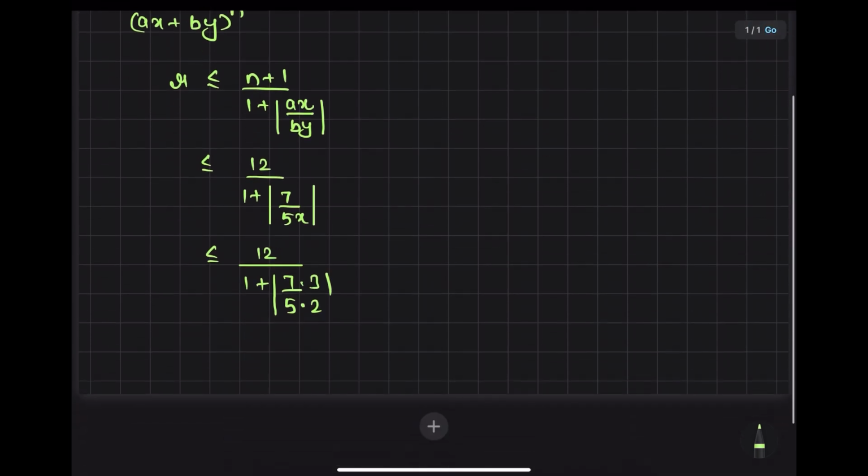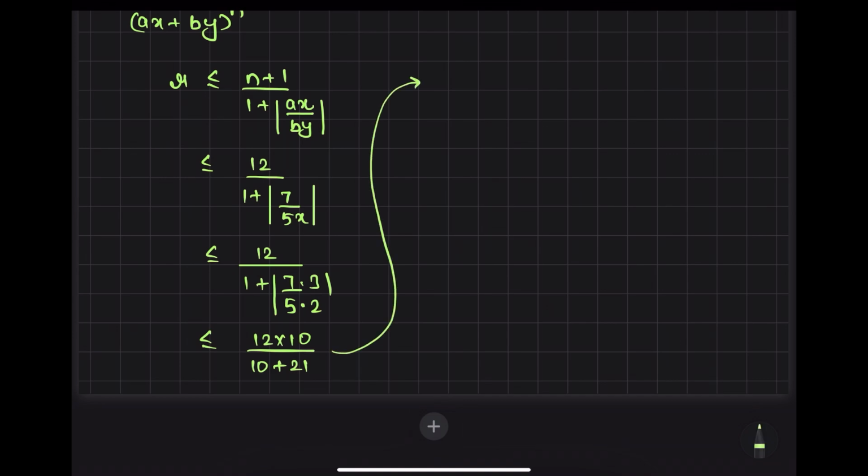Okay, so we have 12 times 3 upon 3 plus 10 times... let's rearrange things. So r is smaller than or equal to 120 by 31.